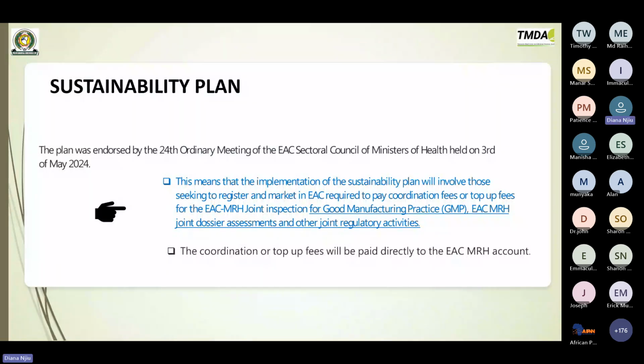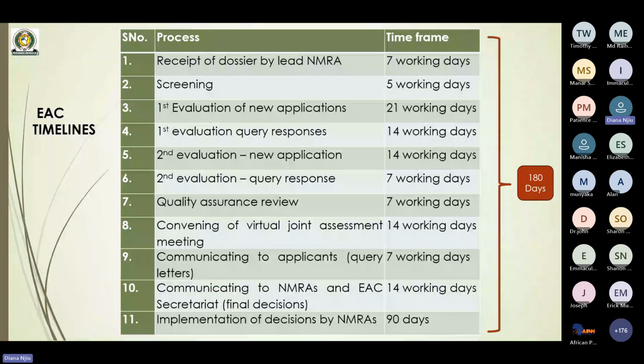When we want to understand the timelines, EAC has also set respective timelines. As we have discussed, there are different stages in which the submitted application is reviewed until approval. There will be receipt of the dossier application, screening of the technical information, issuing an invoice, first evaluation, second evaluation, quality assurance review, and convening a virtual or physical meeting.